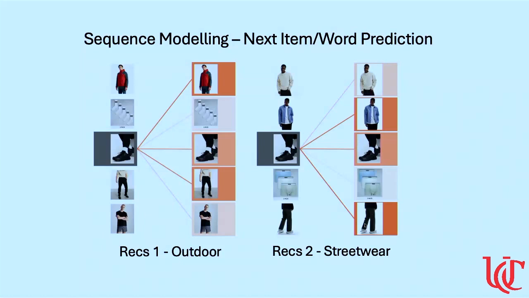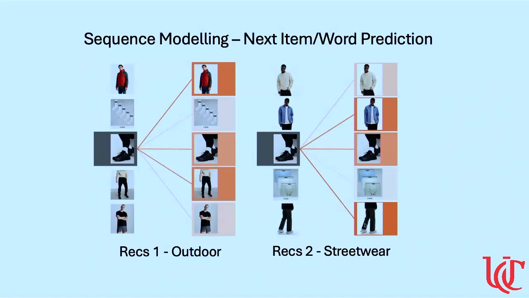This interaction is more associated with outdoor recommendations because the customer is interacting with more outdoor clothes. So the black sneakers, then the rain jacket, then the joggers and then the outdoor shorts.